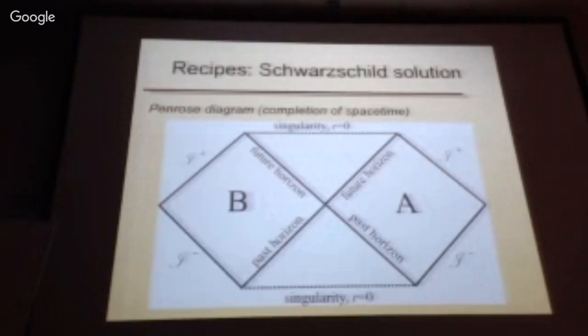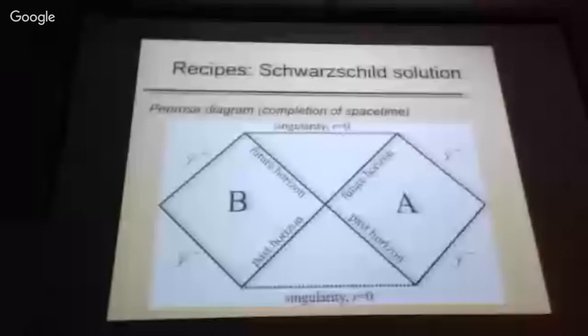But just as a mathematical curiosity, I can just extend this space-time and just analytically continue it. And what I get is that actually I can get a singularity in the past. That's what is called a white hole. So information comes out, and that's opposite to the black hole, where information just goes in and nothing comes out.